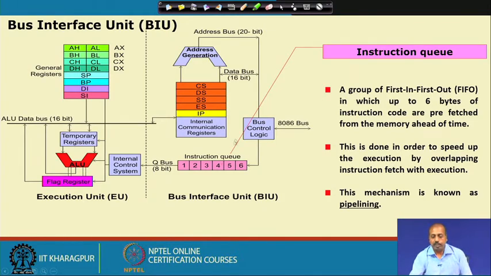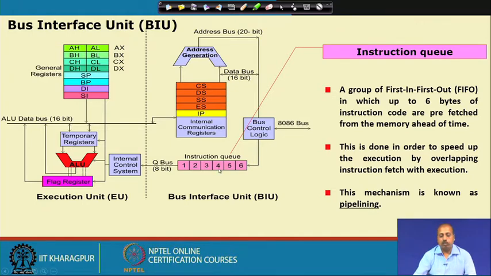Next we come to the instruction queue. This is a group of first-in first-out registers in which up to 6 bytes of instruction code are prefetched from memory ahead of time. Whenever the bus is free, the bus interface unit fetches successive bytes from memory.